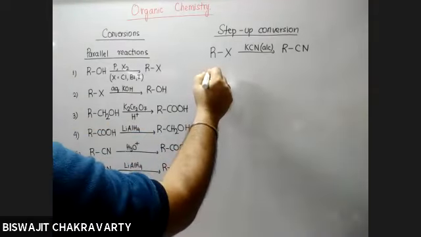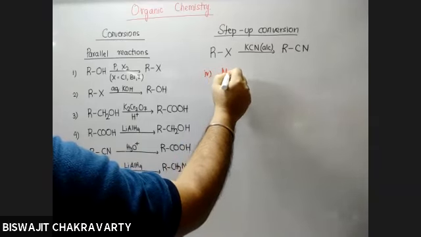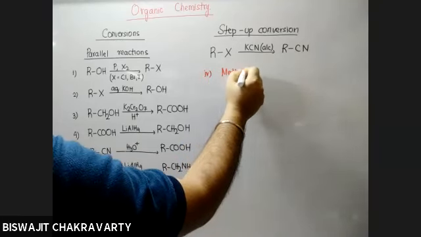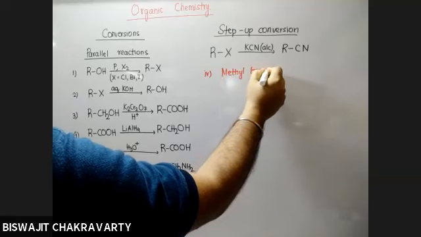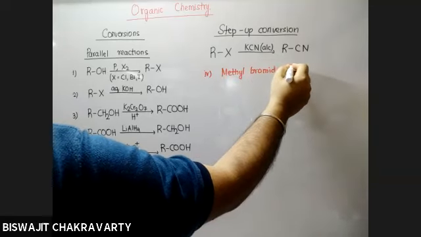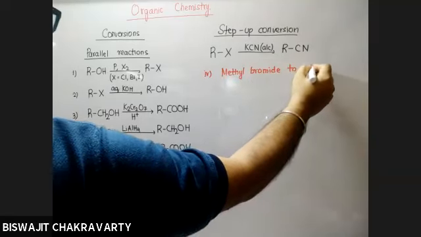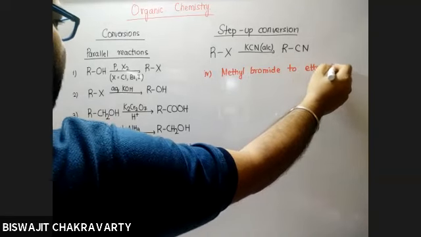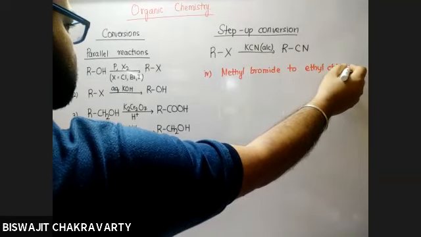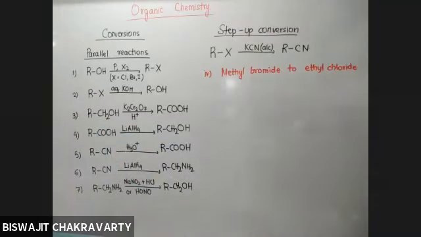Try out number 4: methyl bromide to ethyl chloride. What is the formula for methyl bromide?